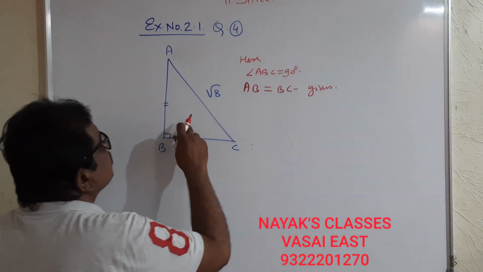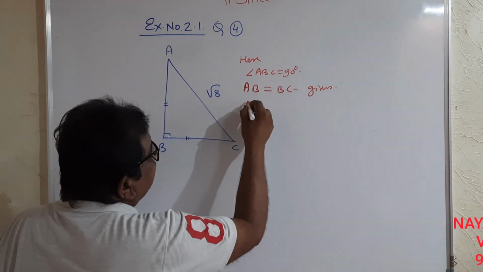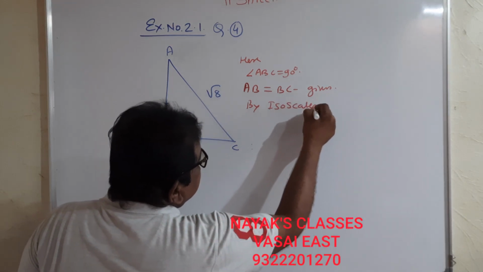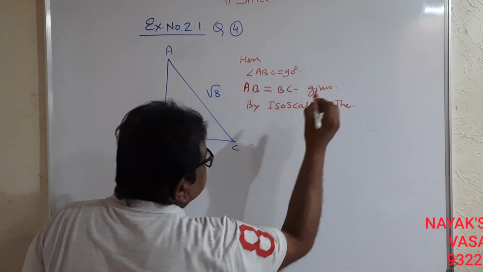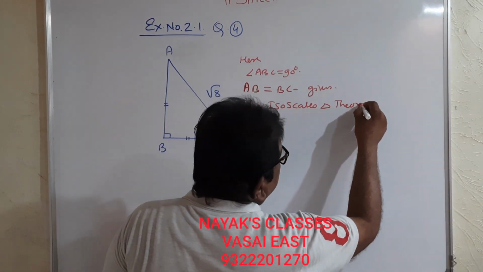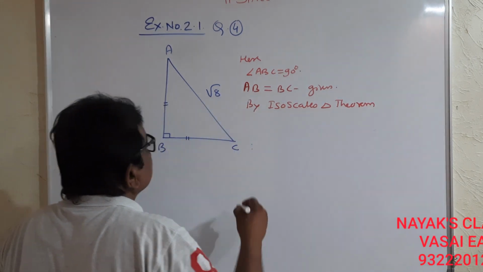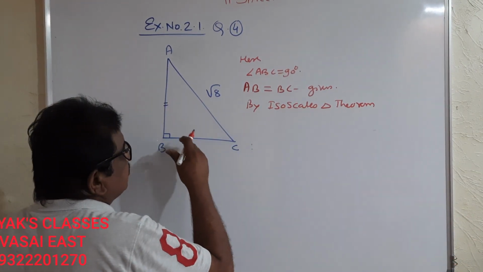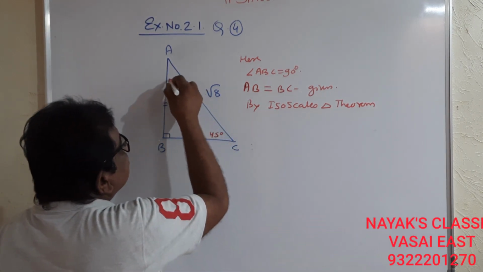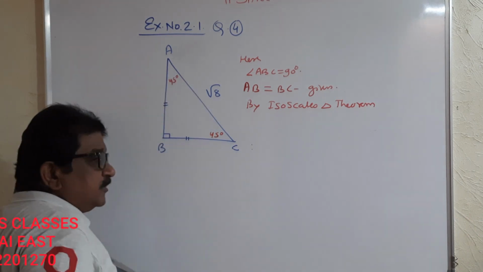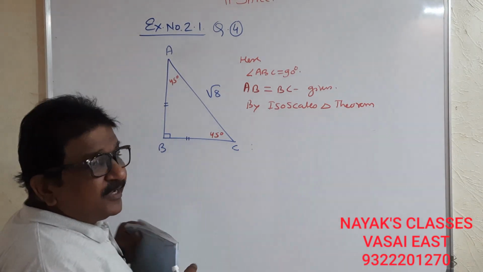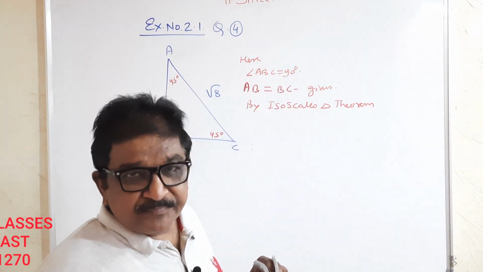So when these two sides are the same, by the isosceles triangle theorem, when sides are the same, angles are the same. So this will be 45 degrees and 45 degrees. 45 plus 45 is 90, 90 plus 90 is 180. The sum of the angles of a triangle is 180.